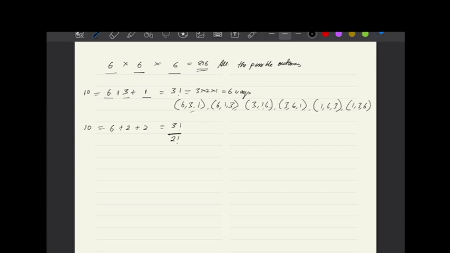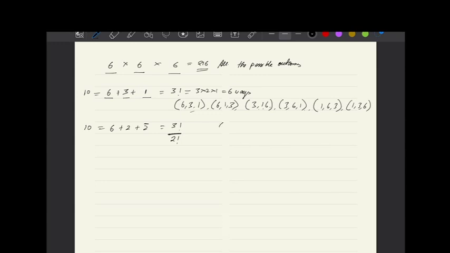Just to differentiate these two 2s, let me give this 2 a bar so that you understand that this is a different 2. Let me show you the combinations.